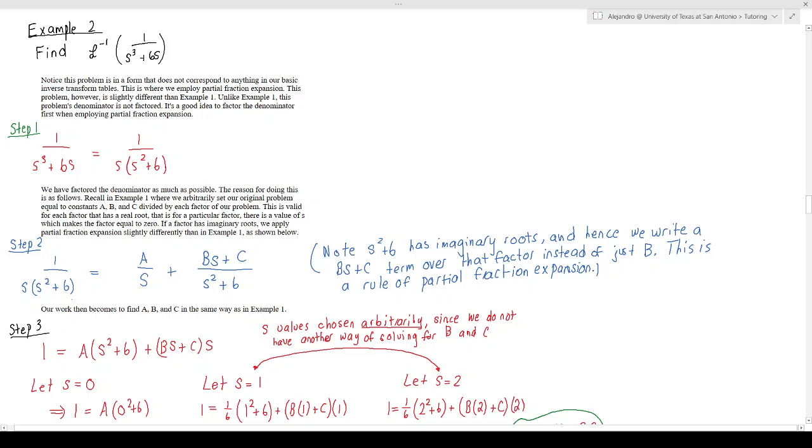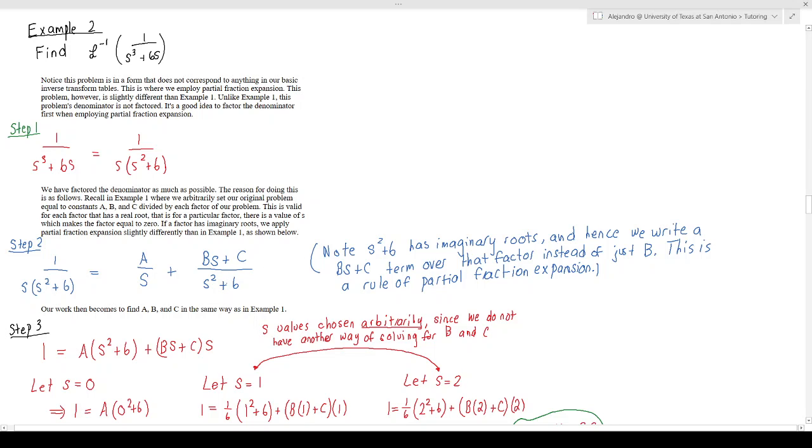In step two, notice how we set 1 over s times (s squared plus 6) equal to a over s plus (bs plus c) over s squared plus 6. Following the example that we did before, this should just be b over s squared plus 6, right? A over s plus b over s squared plus 6. We just put a constant over each factor.